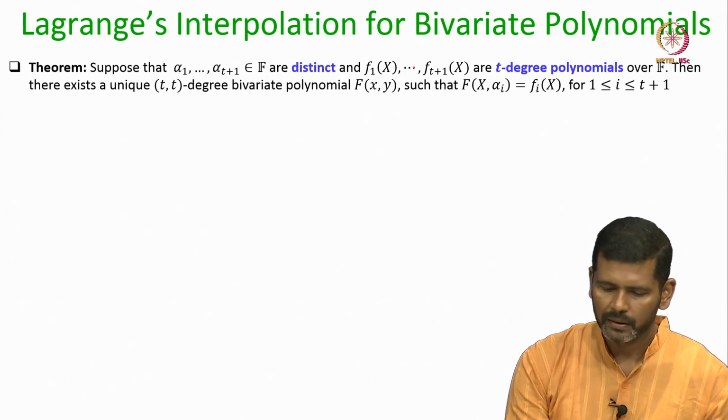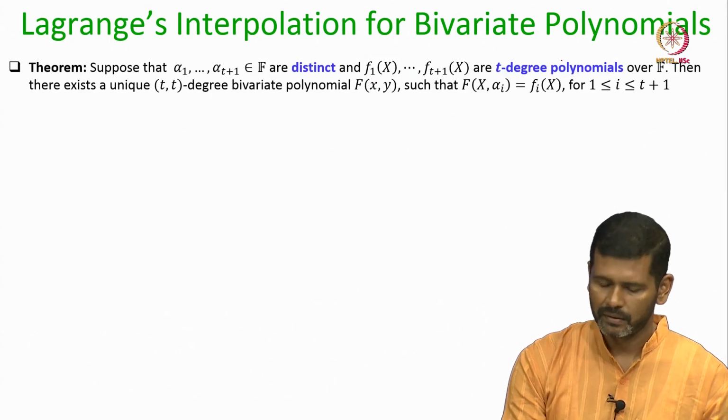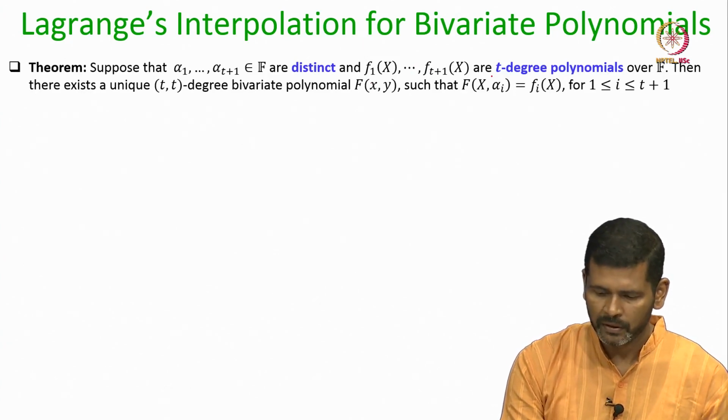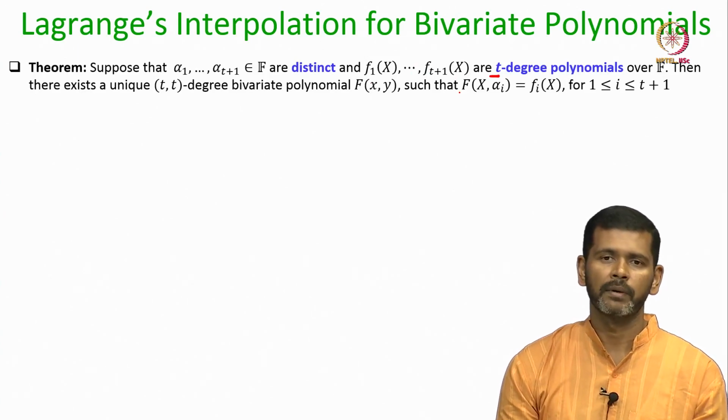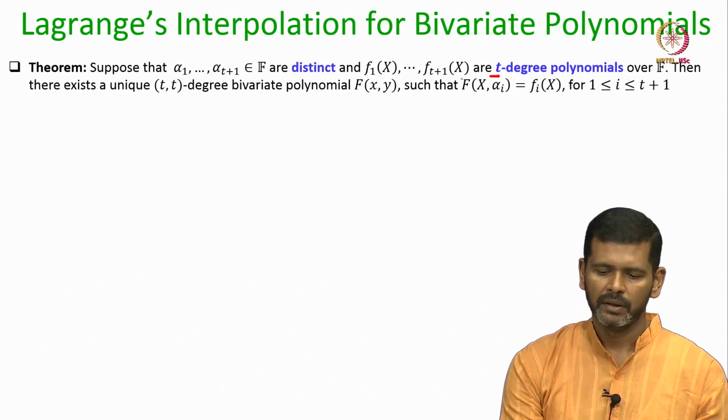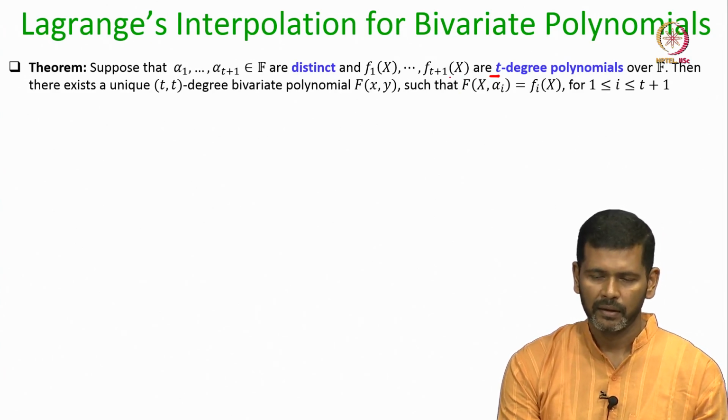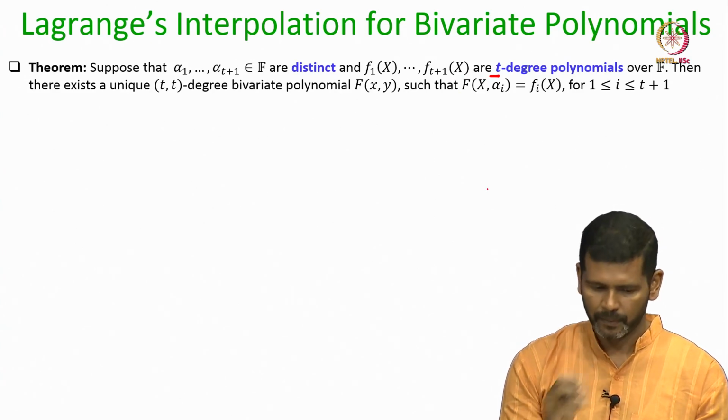Now, I am not giving you t plus 1 distinct points, but rather I am giving you t plus 1 polynomials, where each polynomial has degree t and each of these polynomials is a polynomial in x variable. So, you are given t plus 1 number of t degree univariate polynomials in x.